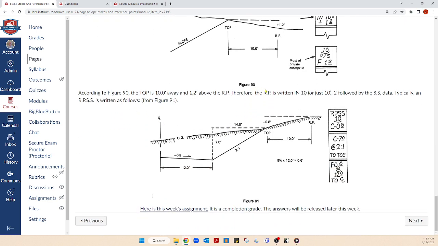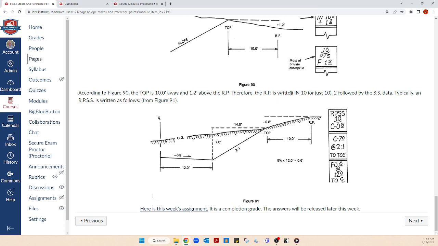That's where your top is going to be. According to figure 90, the top is always 10 foot away and 1.2 above.